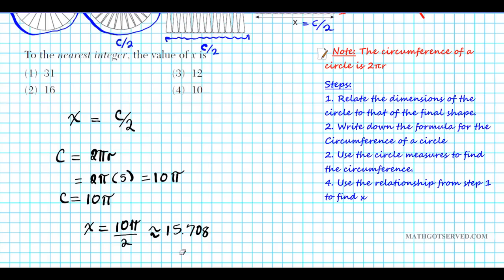So if we want to round it to the nearest integer, we're rounding it to the ones place. So this is 5 or greater, so we're just going to carry 1. So this is going to be 16 to the nearest integer. So our answer is option number 2.